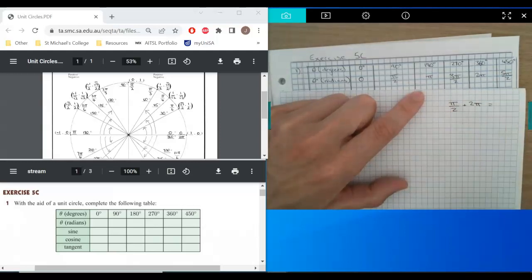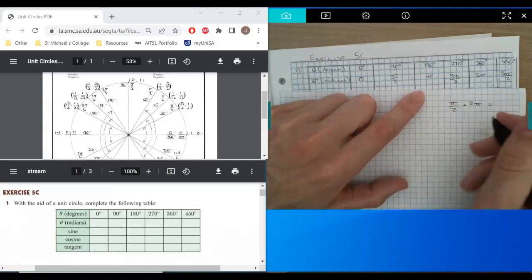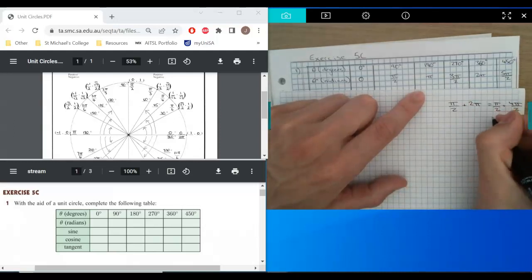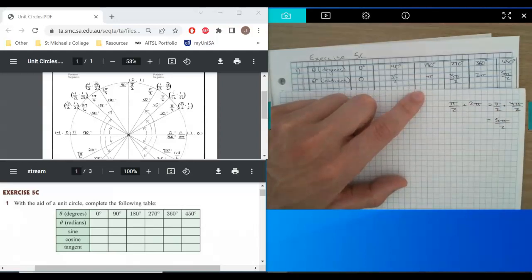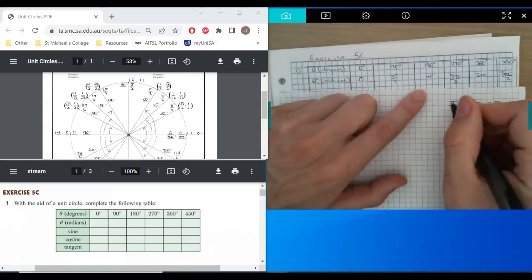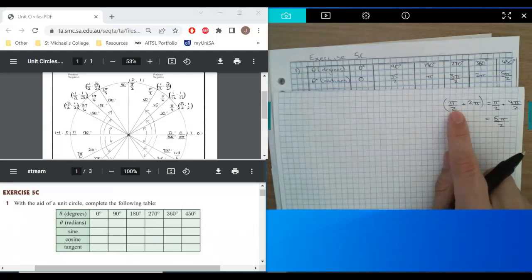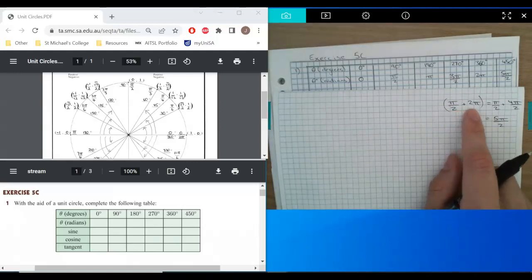Now, if I add 2 pi to pi on 2, well, 2 pi can be written as 4 pi over 2 if I multiply top and bottom by 2, which gives 5 pi over 2. And you can see from yesterday's video that if I add 2 pi to any coordinate or any angle, then I'm going to end up in the same position on the unit circle.